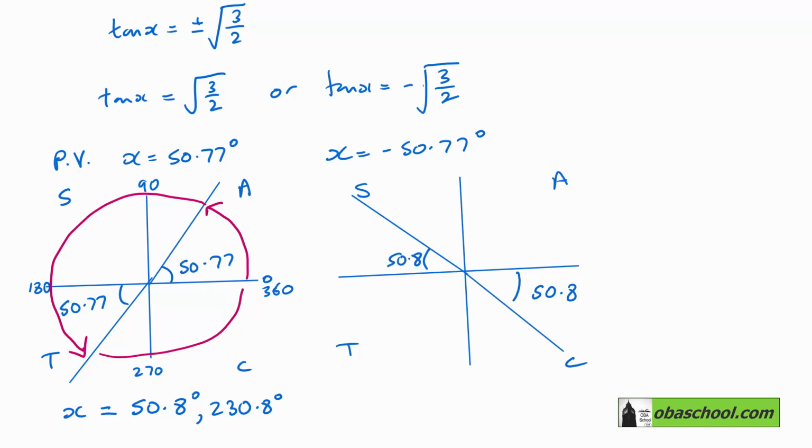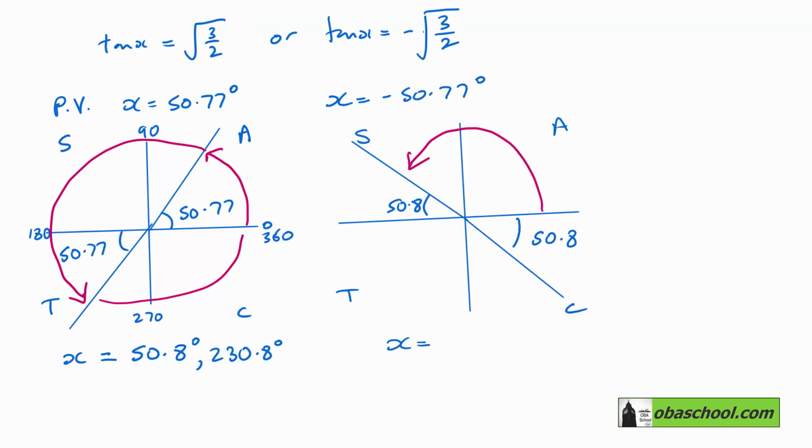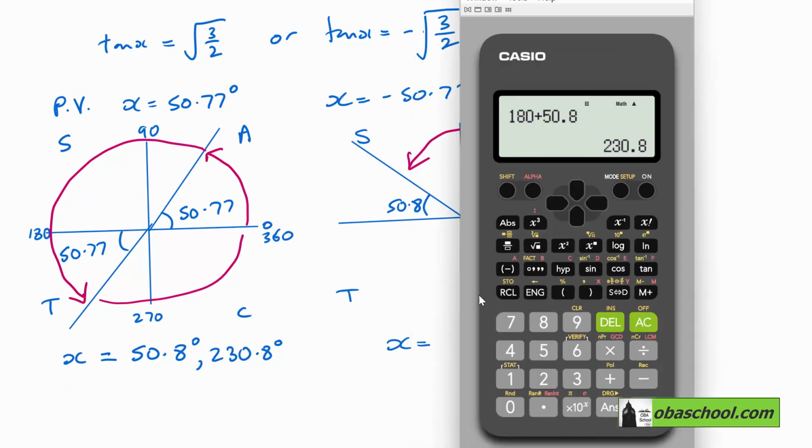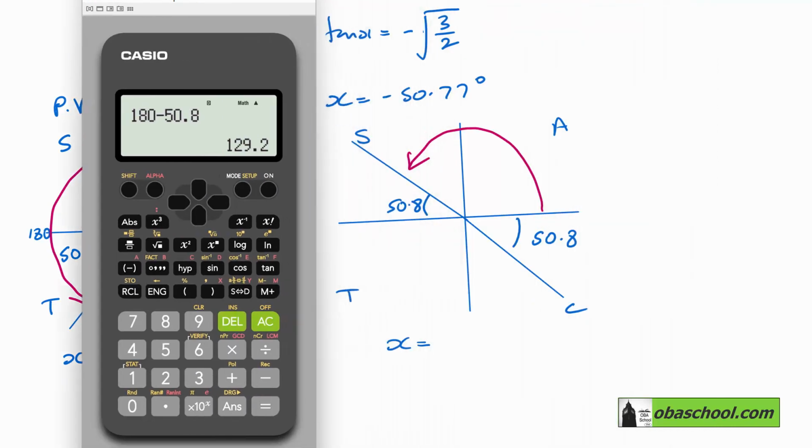So, going around to meet our angles, the first one is 50.8 before we get to 180. So we are going to have to do 180, take away 50.8. It's 129.2.